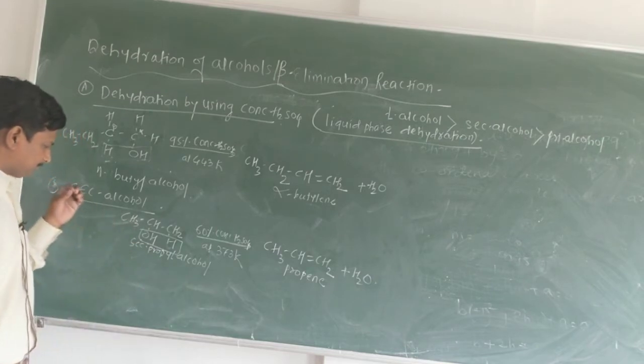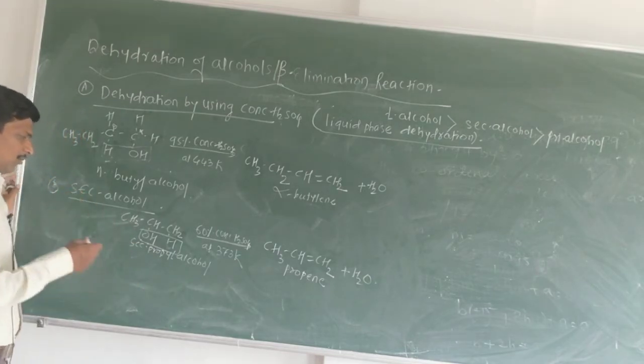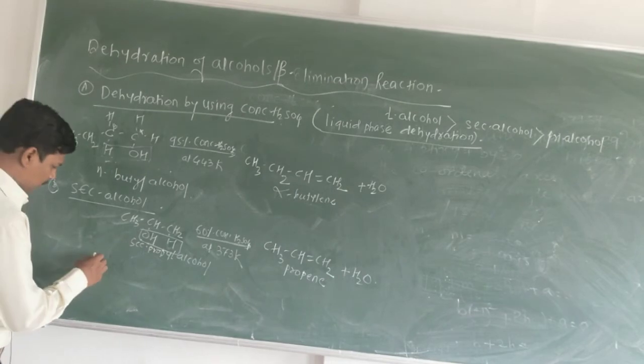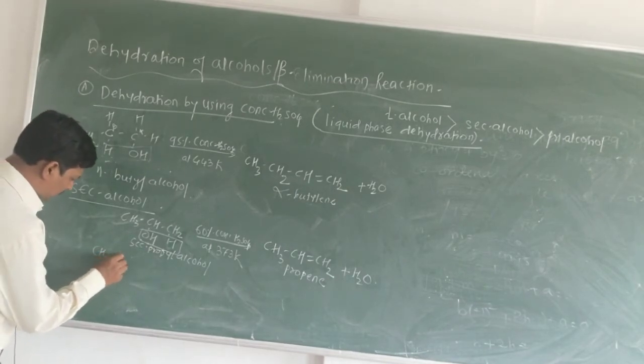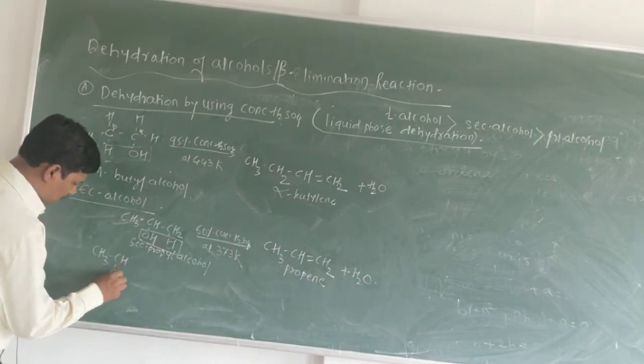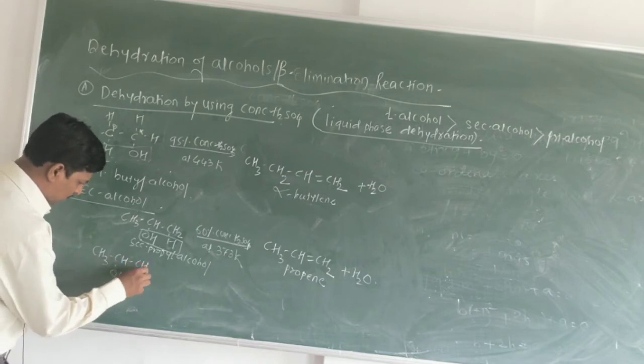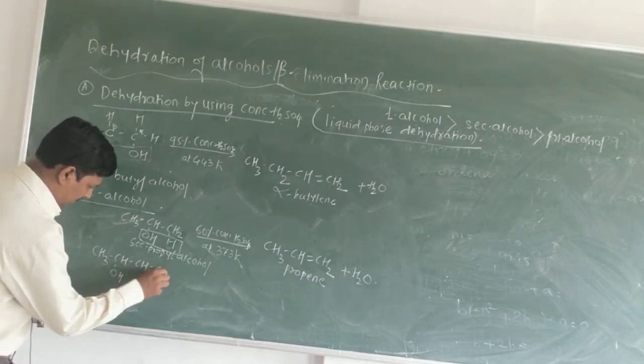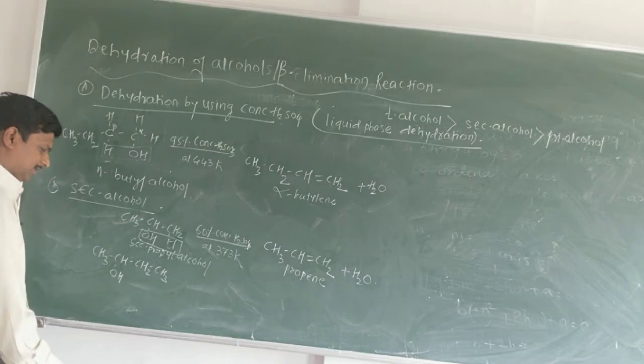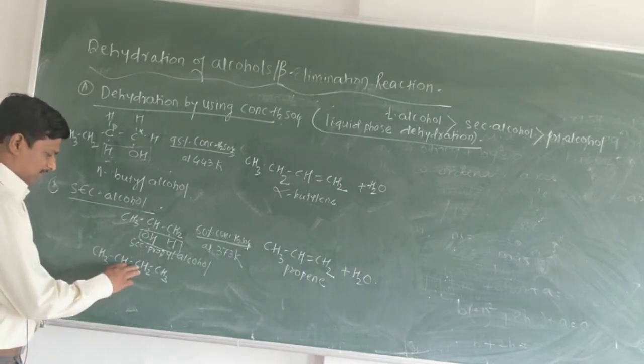Now I will take one more example of a secondary alcohol, CH3CHOHCH2CH3, and again I will make the change, writing the H in place of that CH2.